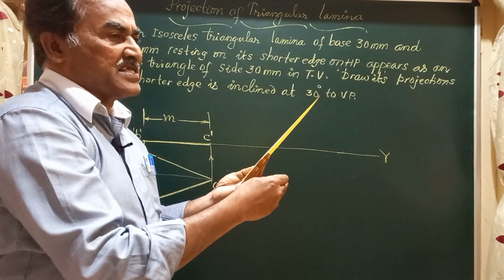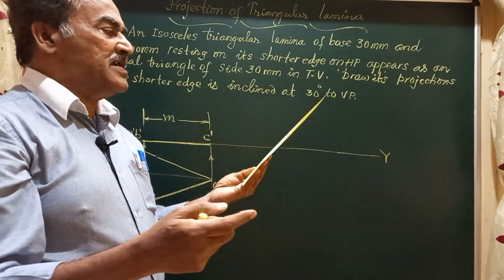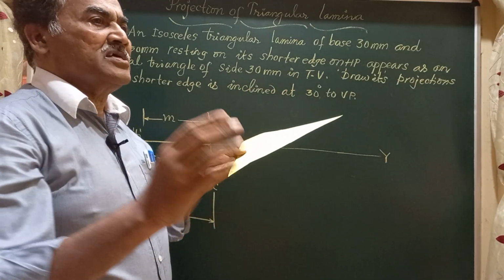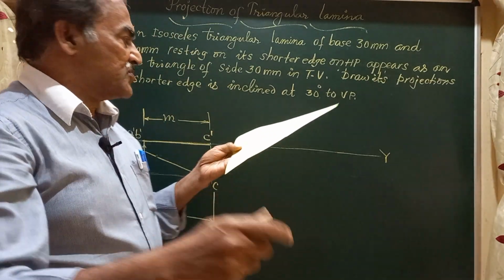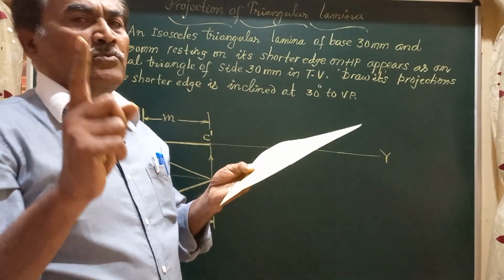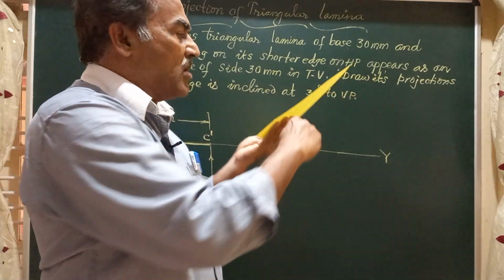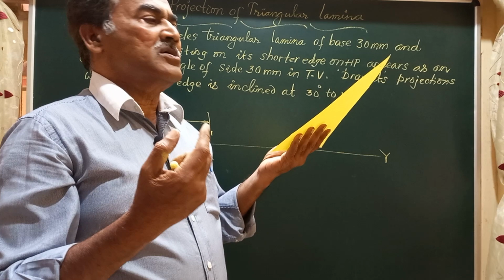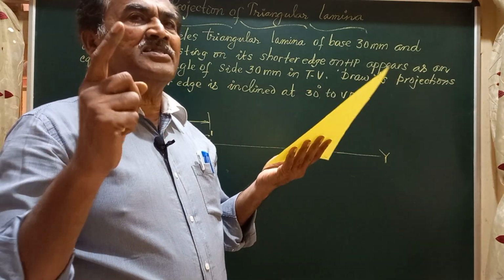The surface makes an angle with HP, and thereby these two sides AC and BC get reduced. So there is going to be only one particular value of that surface inclination with the HP when it becomes an equilateral triangle in the top view.